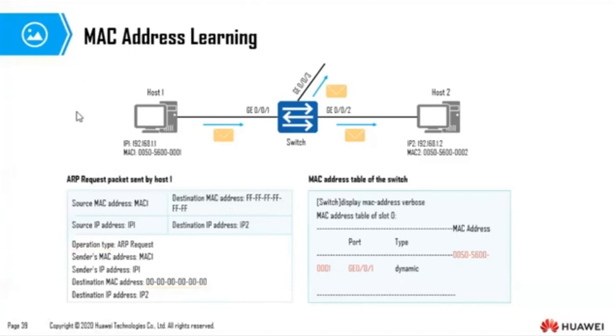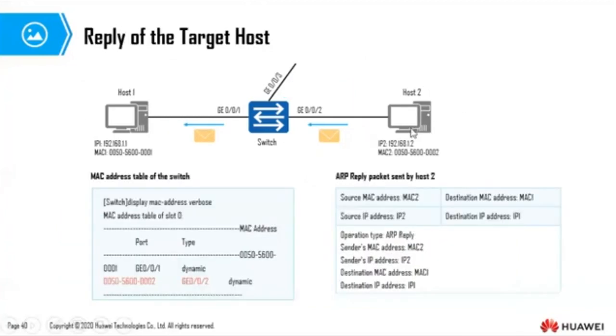Okay. So the next thing is that host 2 will reply. Host 1 has asked who has 192.168.1.2. Then host 2 will reply, I have it, and also reply with its MAC address as the source MAC address.